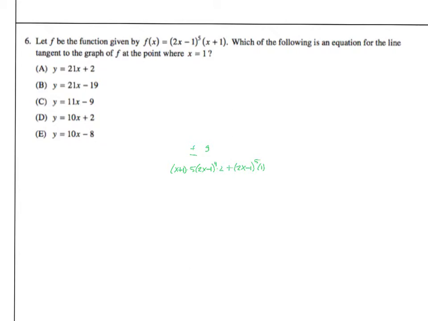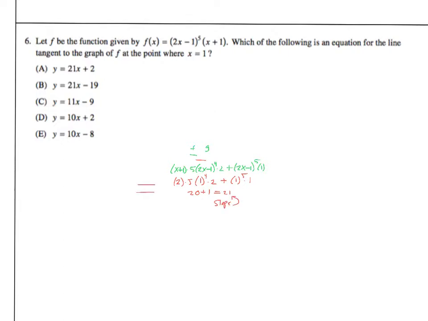And then we got to plug in x equals 1. So 1 plus 1 would be 2 times 5. 2 minus 1 would be 1 to the fourth. That's nice. Times 2. And then 2 minus 1 is going to be 1 to the fifth, and then 1. Okay. 2 times 5 times 1 times 2 is going to be 20. And 1 times 1 is going to be 1. So my slope is going to be 21.